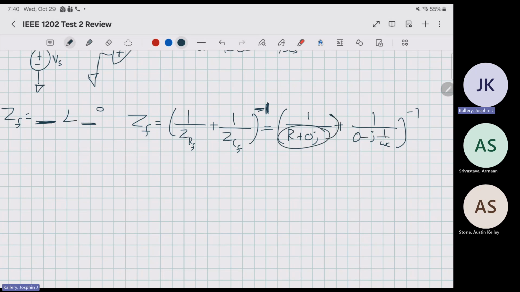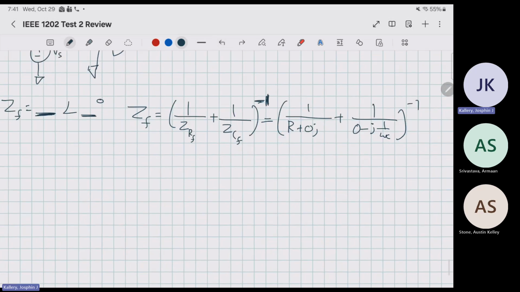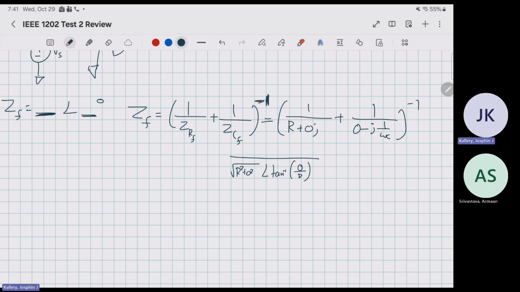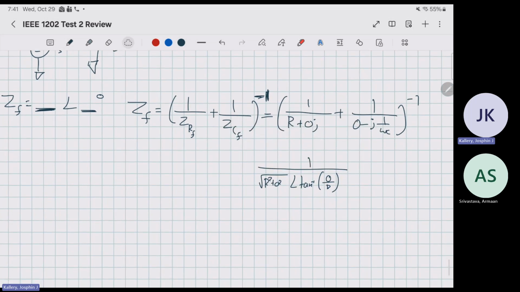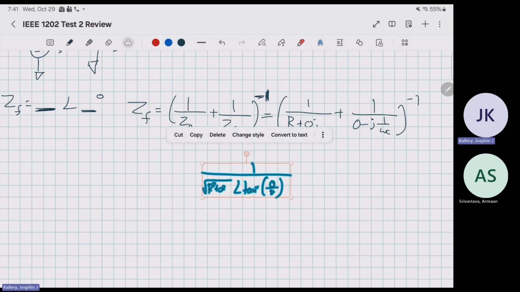But in order to flip this, we need to convert it to polar first, because we can only flip stuff in polar. So this will be square root of R squared plus 0 squared with an angle of arctan of 0 over R. Okay, and then I'll do the same thing for the other one.